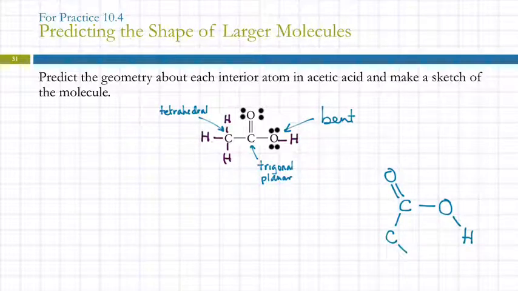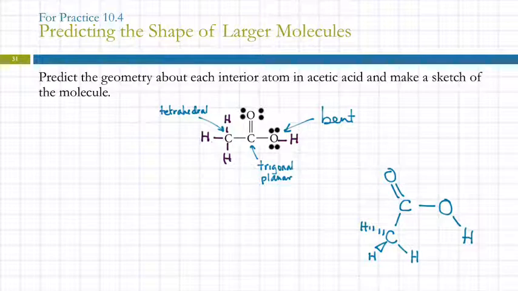So we can have one of the hydrogens here, and one sticking out at us, and one going back. I don't expect you to become good at drawing pictures like that. I do expect you to be able to do this: identify the geometry around each of the central atoms. Any questions?